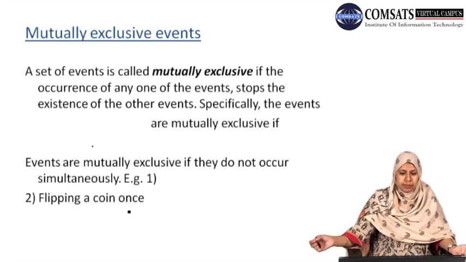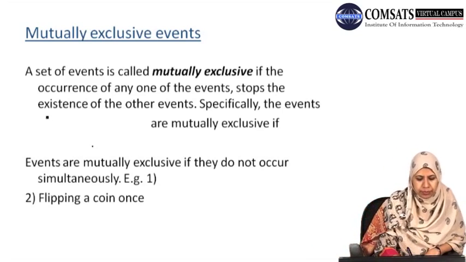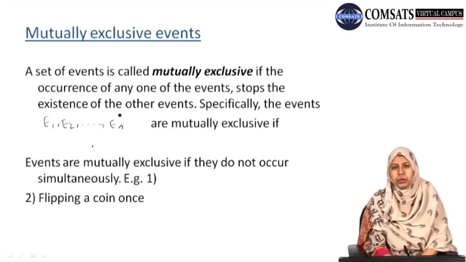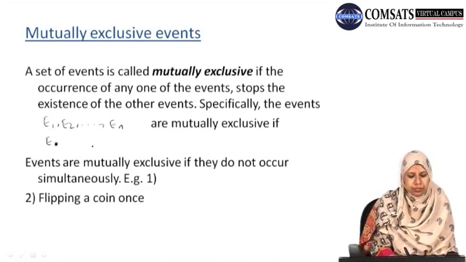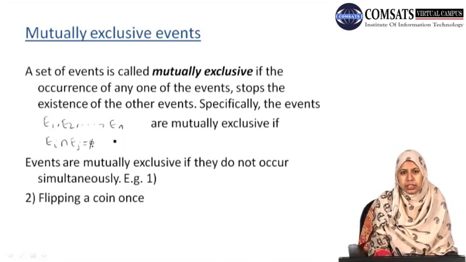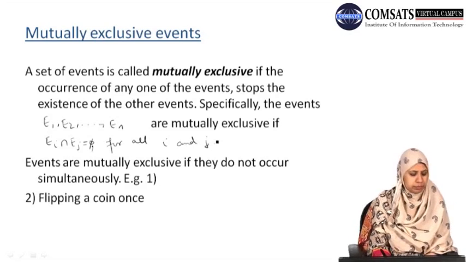Specifically, the events E1, E2 up to En are mutually exclusive if the intersection of any event Ei with the event Ej is a null set for all i and j.